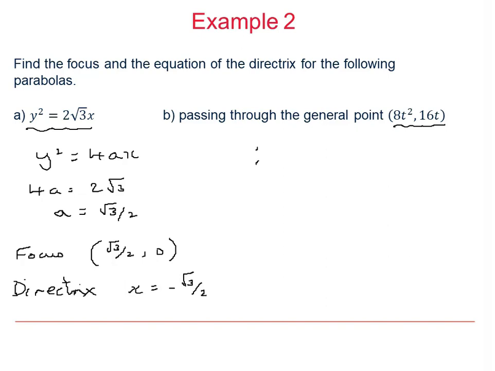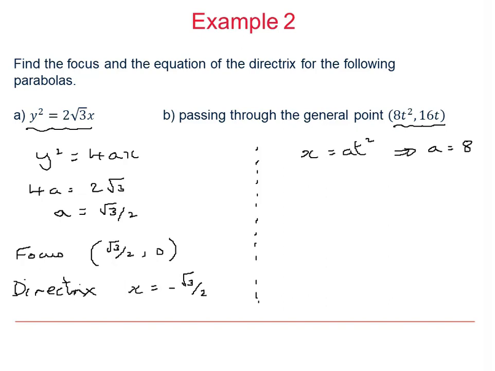In the second part of the question, this time we're given the parameters for x and y, so either of these can be used. Let's look at x. We know that x is equal to at squared, and this means this time that a is equal to 8.